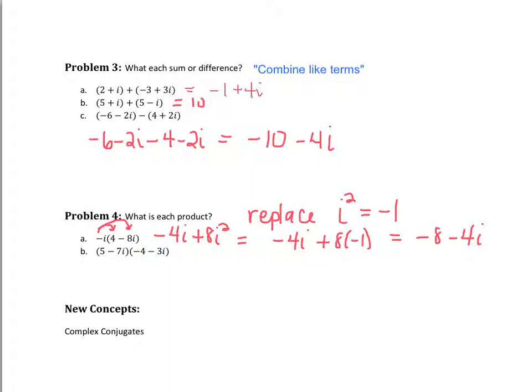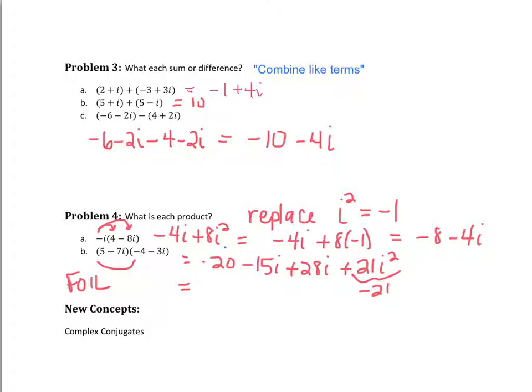Part B, you've got a binomial times a binomial, so we're going to FOIL. So first, I'm going to get -20. Outside, I'm going to get -15i. Inside, we'd get a positive 28i. And last, you're going to get a plus 21i squared. And now again, we're going to replace i squared with -1. So this 21i squared turns into -21.